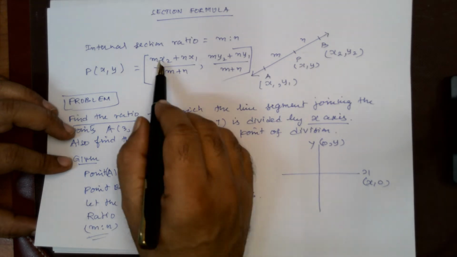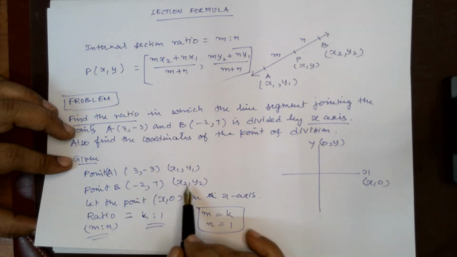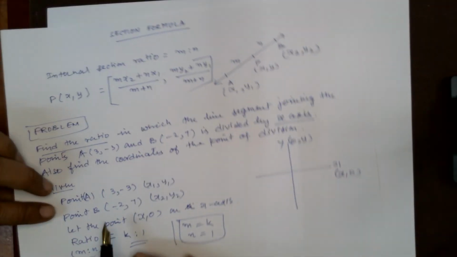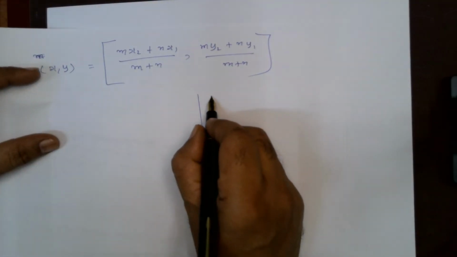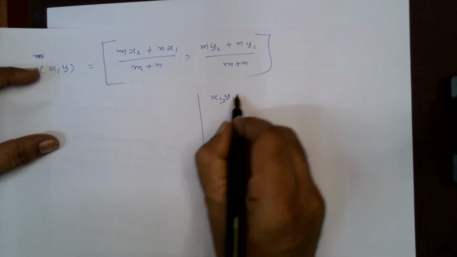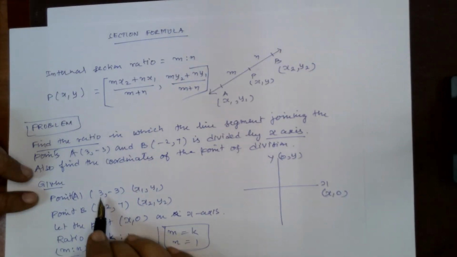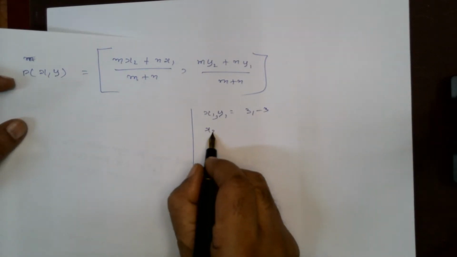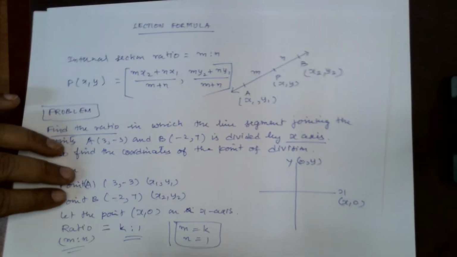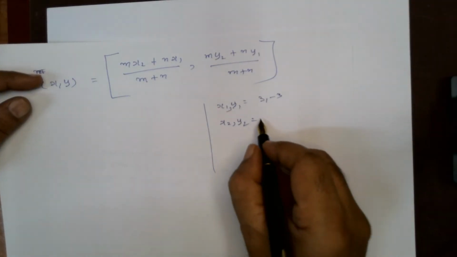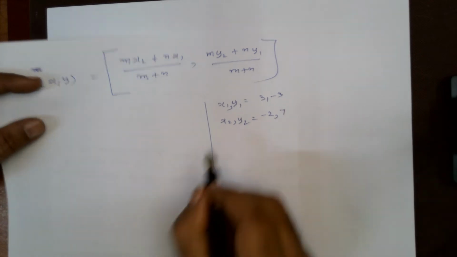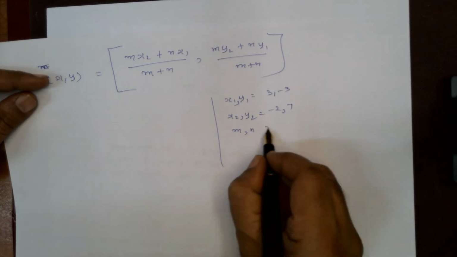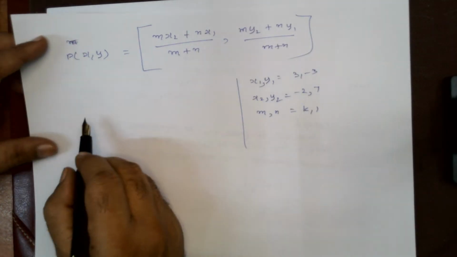Let me rewrite so that it will be convenient for you. x1, y1 is equal to 3, minus 3. x2, y2 is equal to minus 2, 7. And m, n is equal to k and 1. Now let us substitute here.